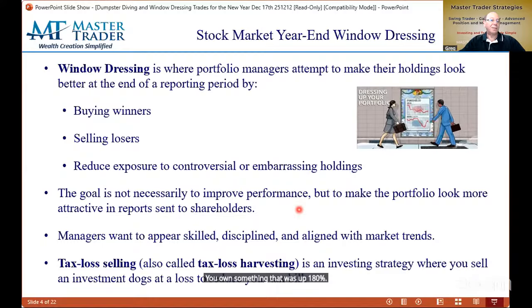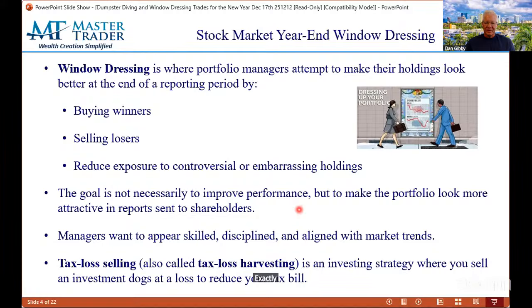Why did you just make single digits or less than that? Well, are they supposed to show everybody their biggest loser too? But look, on the surface it's all marketing. It's a little misleading. It's marketing, but we're using this to our benefit as year-end swing traders.